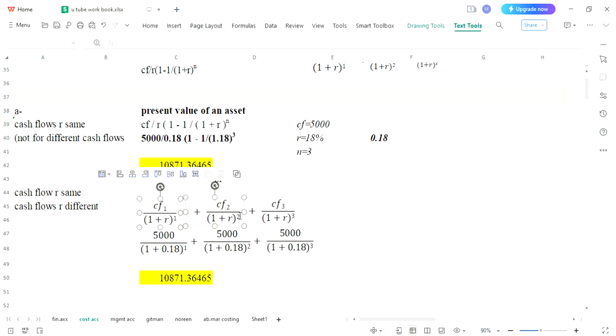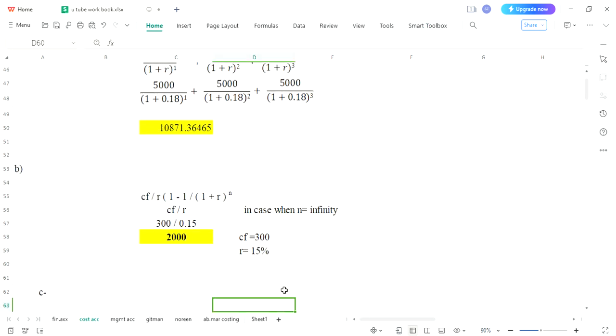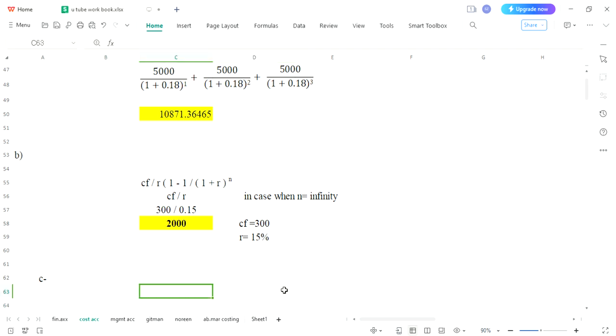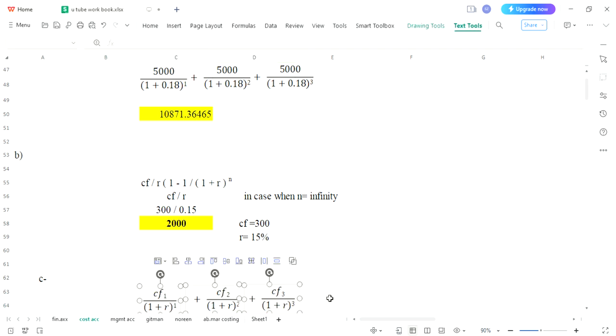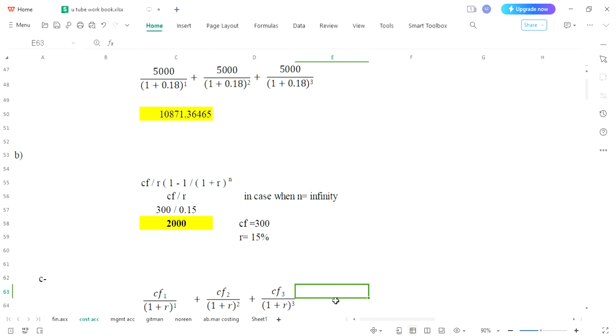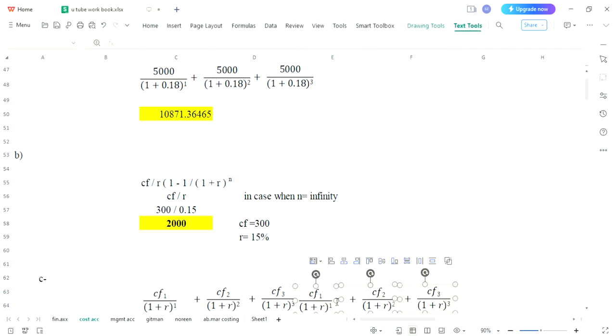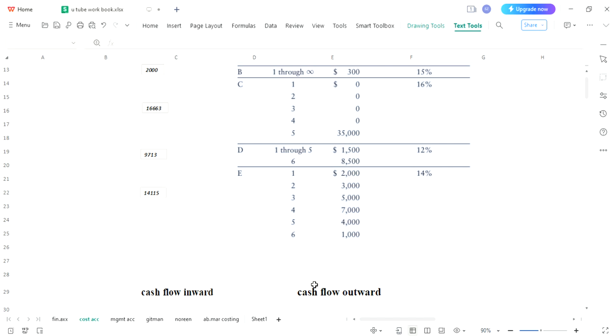We will pick them and use it for C part. Since we have how many cash flows in C part? 5.